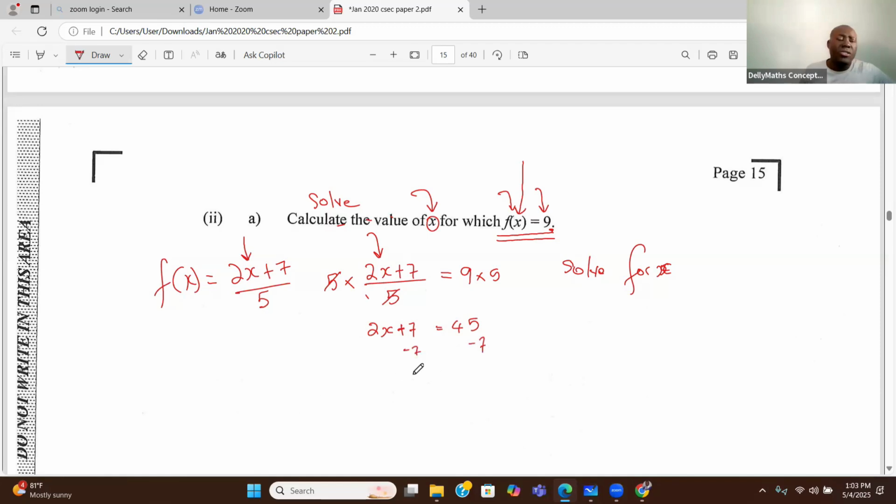At every step of the way, you're applying whatever you learned. So this is equal to 38, right? And then you divide both sides by 2. It's telling you that x is 19. In other words, if you put 19 here and work it out, you will get 9.